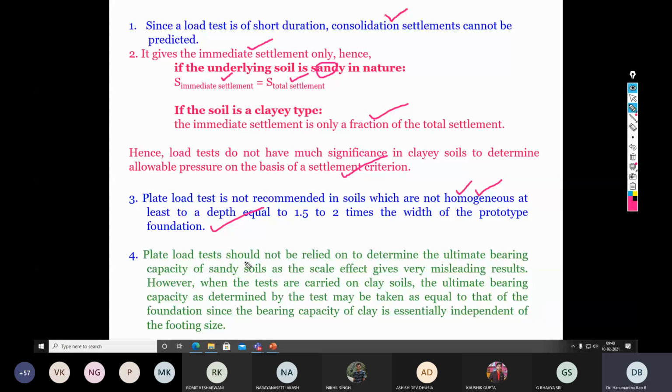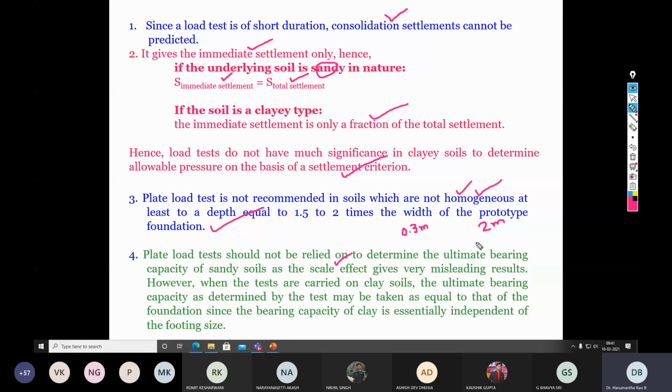Plate load test should not be relied on to determine the ultimate bearing capacity of sandy soils, as the scale effect gives very misleading results. Now, scale effect means something like prototype foundation. Prototype means this is a real life foundation. Say for example, the real life foundation is 2 meter width. But when we conduct the plate load test, we use only a 0.3 meter plate.